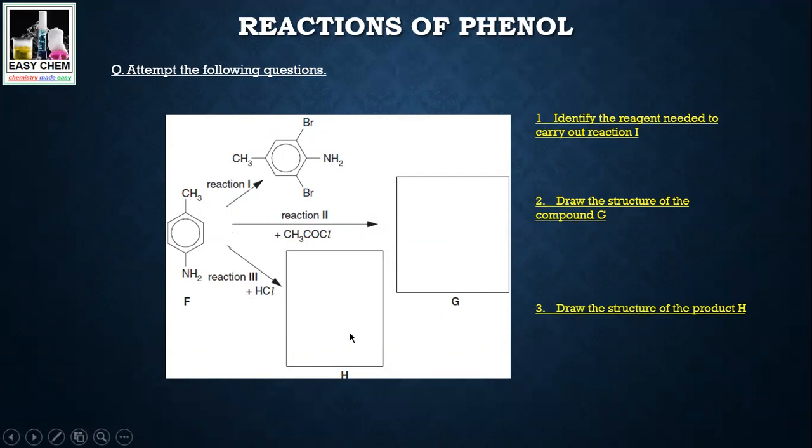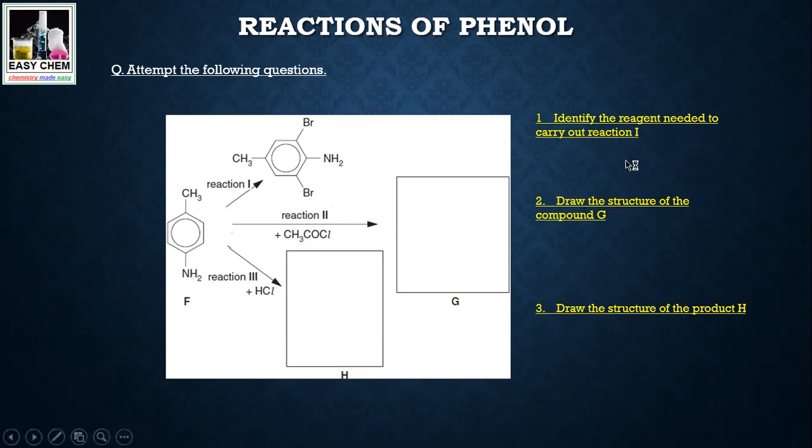Draw the structure of the product H. I think you will be able to find out the answer within 30 seconds. Give a try, please. Even if you didn't write the final answer, if you were able to figure out what the answer is, that is a very great achievement.